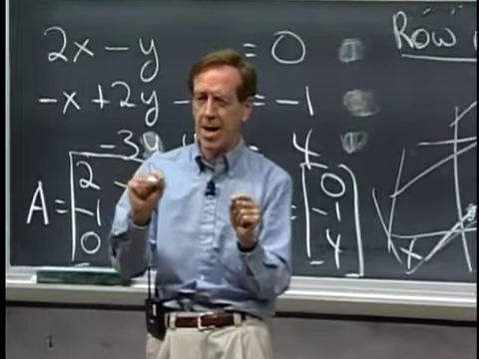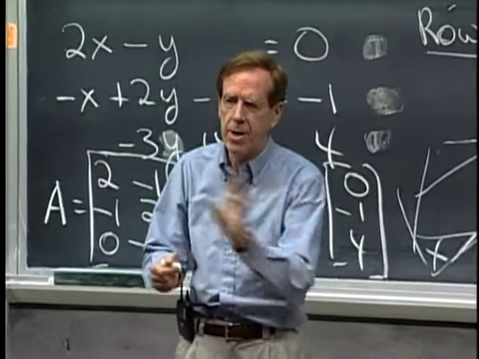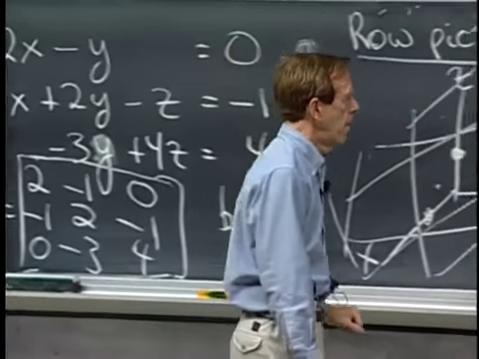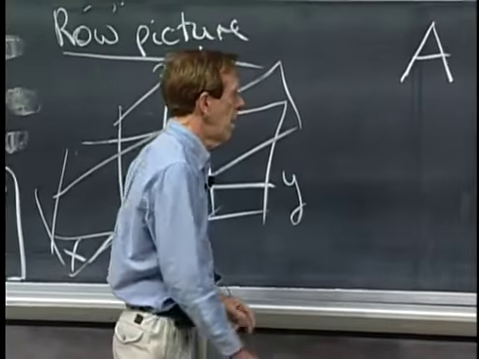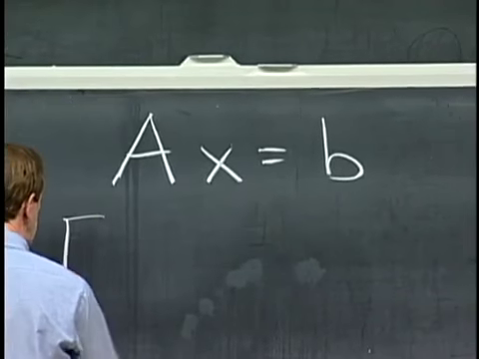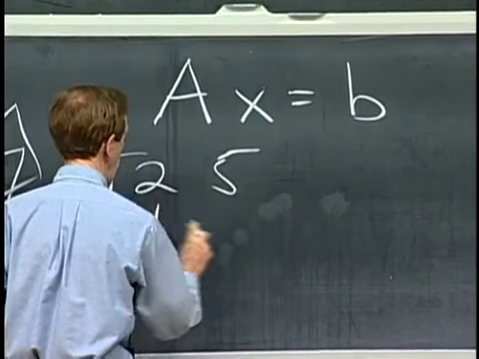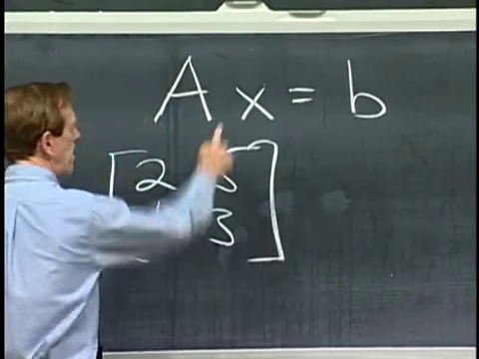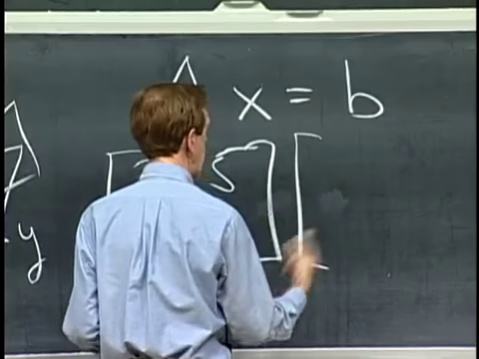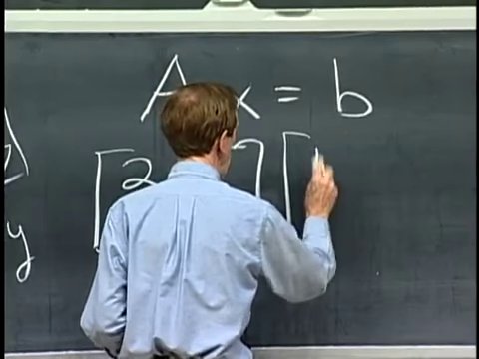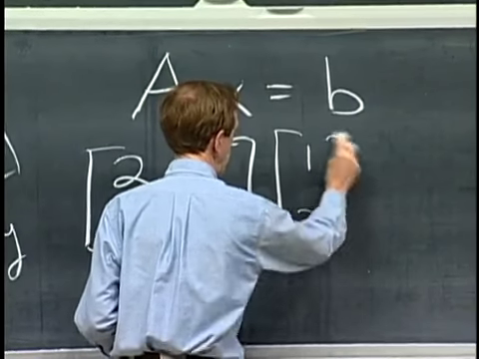And I just want to say, how do you multiply a matrix by a vector? Okay, so I'm just going to create a matrix. Let me take 2, 5, 1, 3. And let me take a vector x to be, say, 1 and 2.